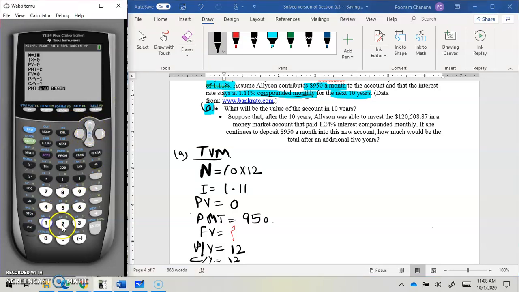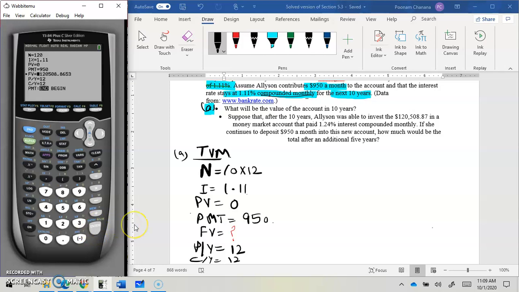So N is 120, I is 1.11, present value is 0, payment is $950, future value is to be calculated, payment per year is 12 payments per year, and compounding is done monthly, so 12 compoundings per year, and payment is at the end of the period. So we go back to calculate the future value, press alpha and enter.